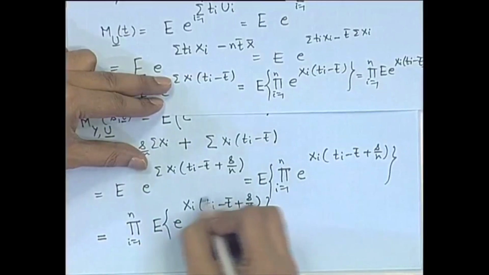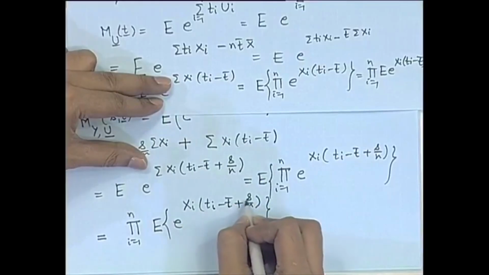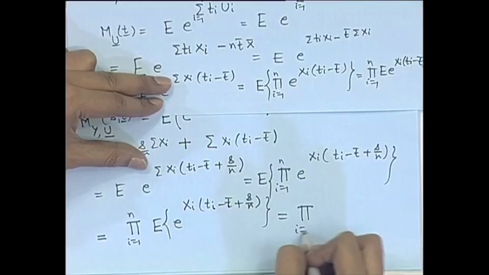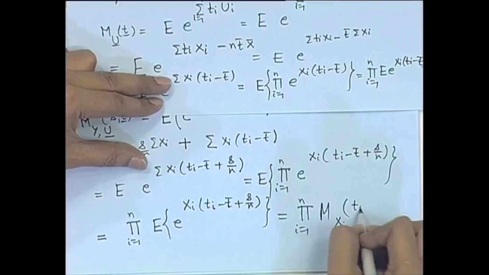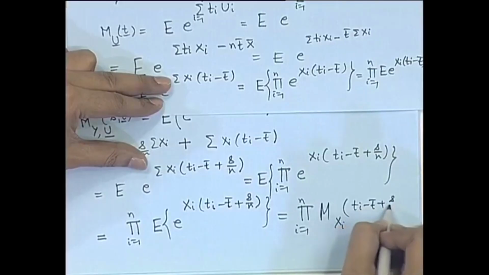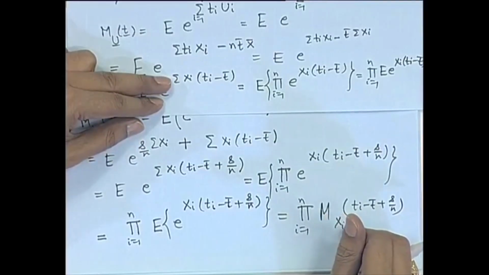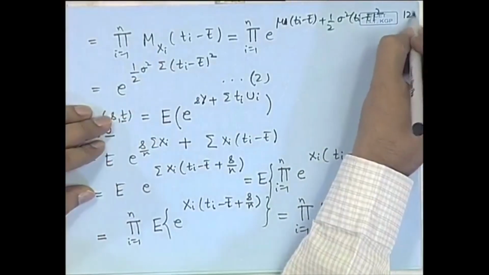So, notice here that now this has become the MGF of x_i at the point t_i minus t bar plus s by n. So, it is the product of the MGFs at the point t_i minus t bar plus s by n. So, once again making use of the fact that the x_i has a normal mu sigma square distribution, we know the form of the MGF. So, we substitute it here.